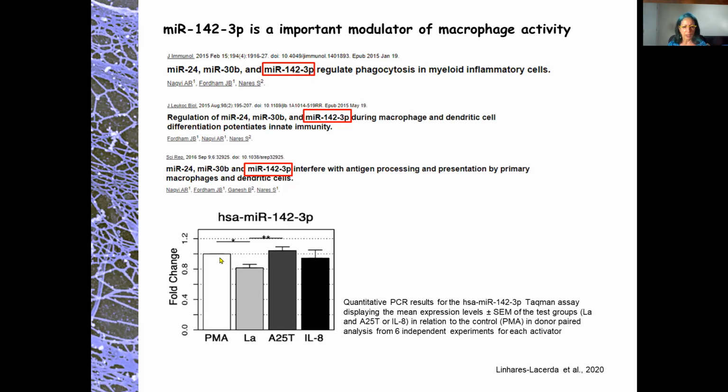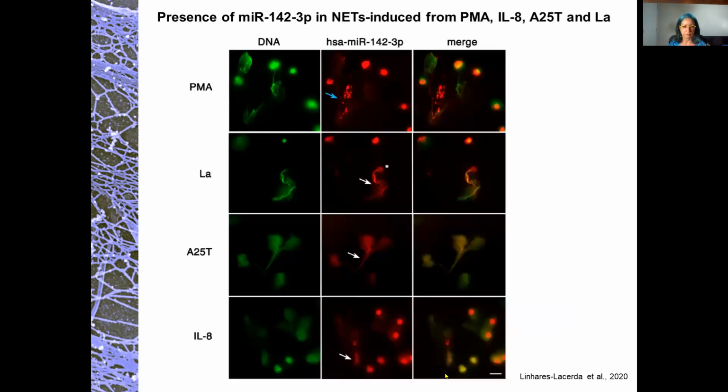So as you can see here, we measured this microRNA by quantitative PCR, and you see different levels of this microRNA in the NETs. And the expression was correlated with the expression of PMA, which is our control in these settings.